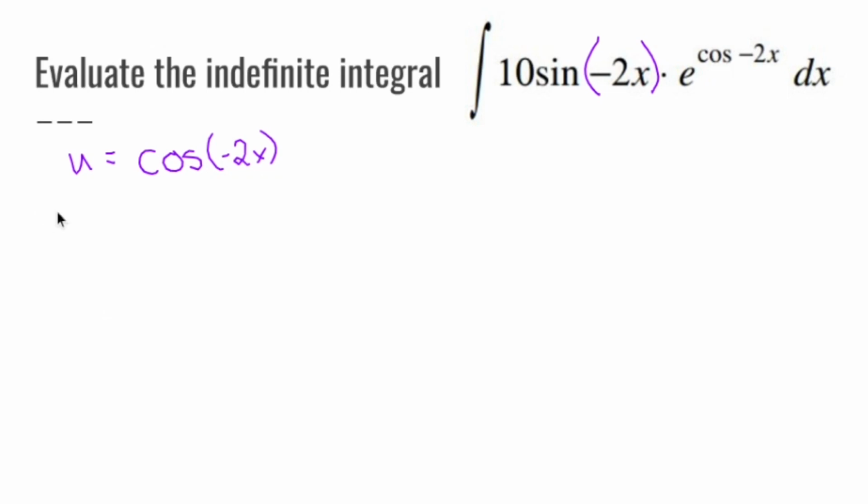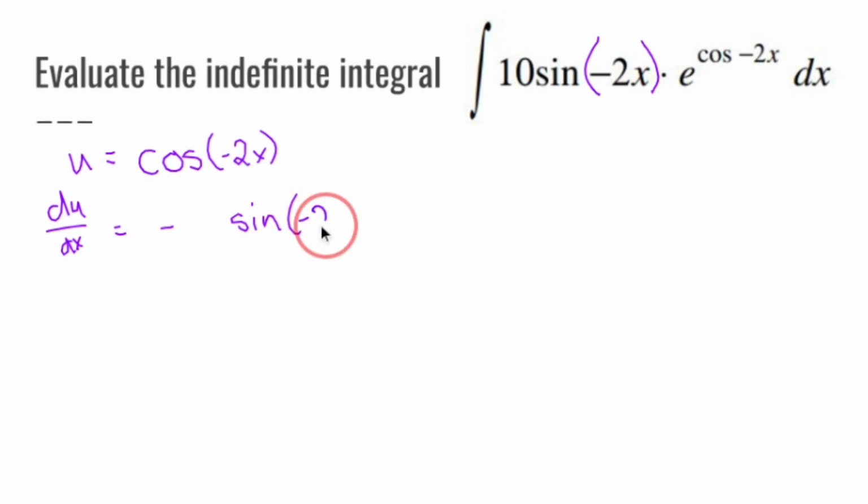So what I have to do is I have to find the du dx. So du, the derivative of cosine of negative 2x, involves chain rule. So you take the derivative of the outside stuff, which is negative sine. Okay, the derivative of the outside stuff is negative sine stuff.